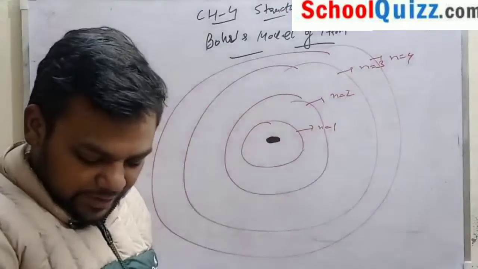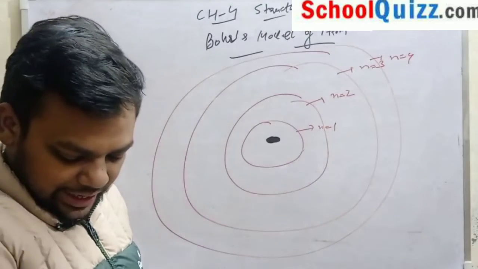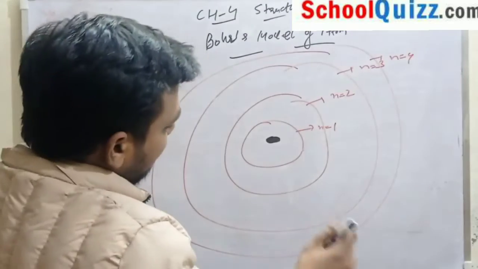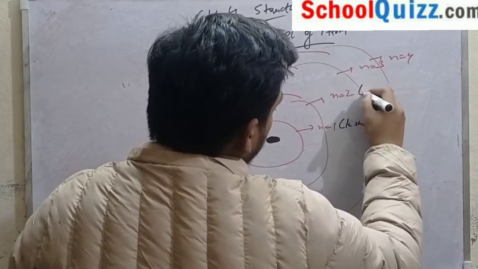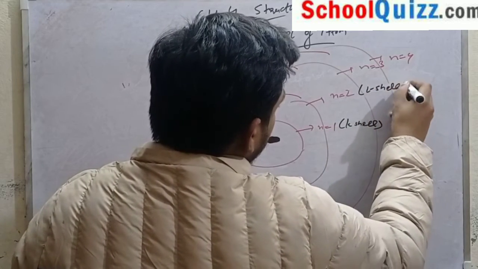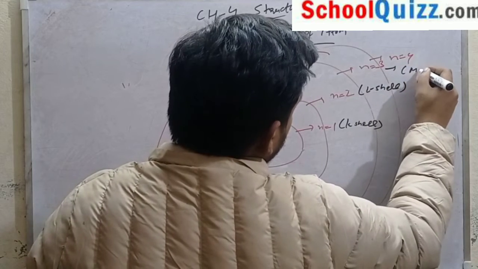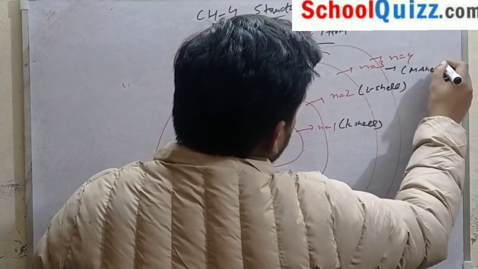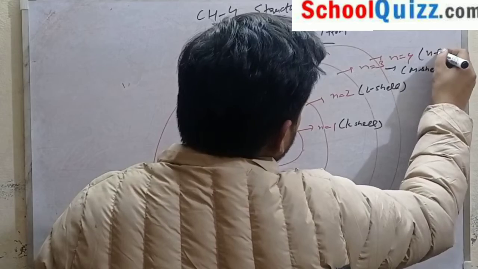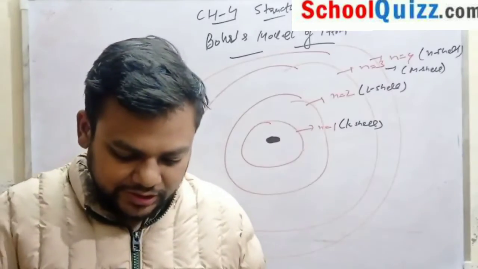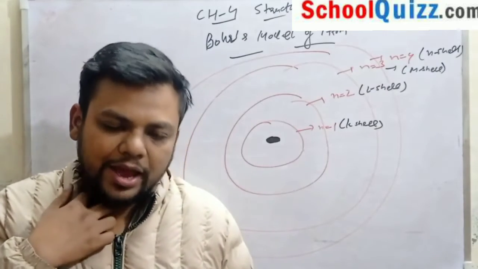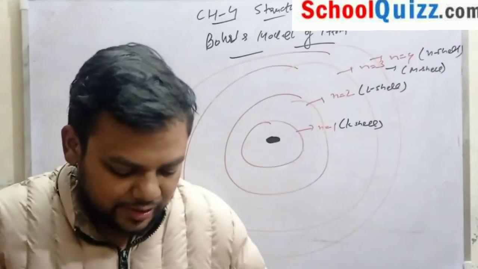It is like KLMN. n equal to 1 is the K shell, n equal to 2 will be the L shell, 3 is the M shell, and 4 is the N shell. This is our KLMN.